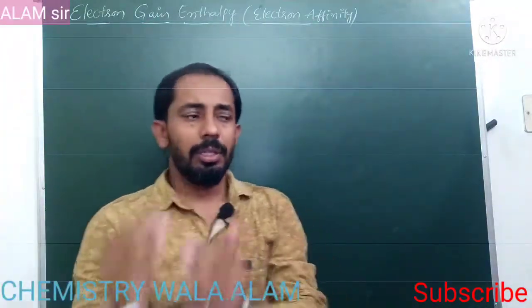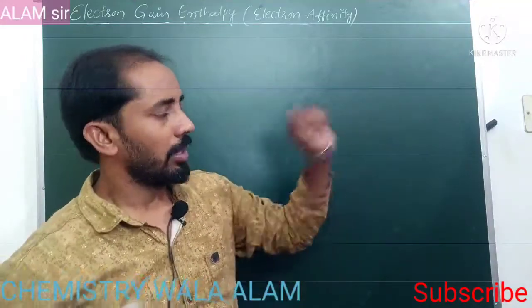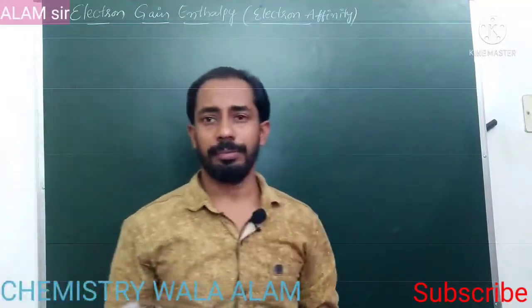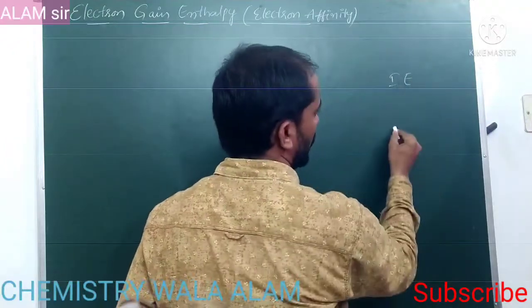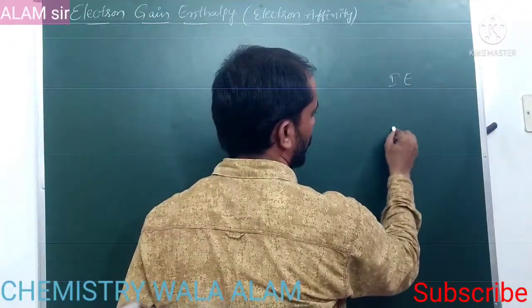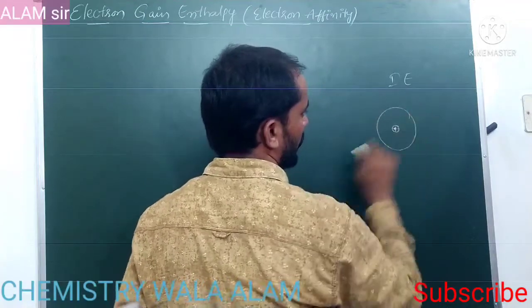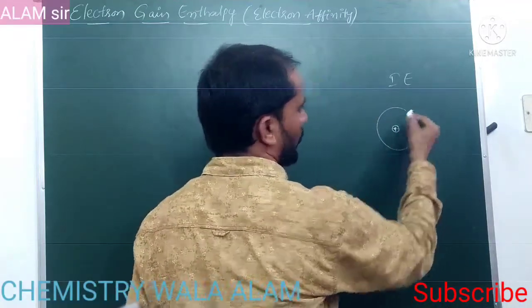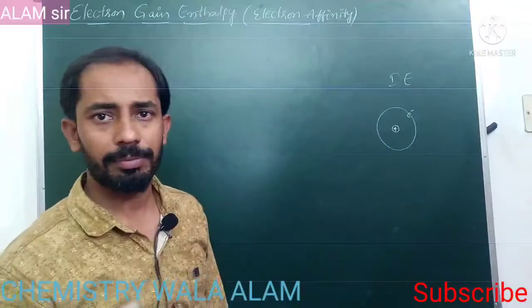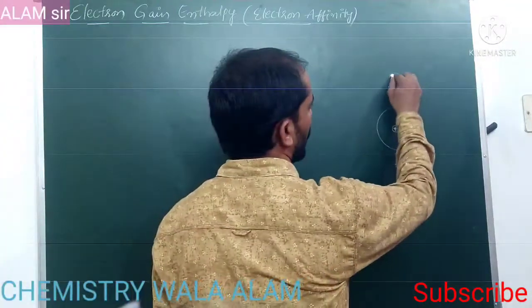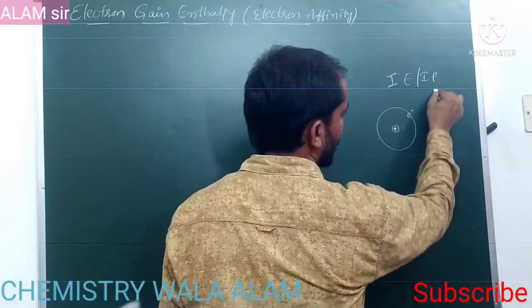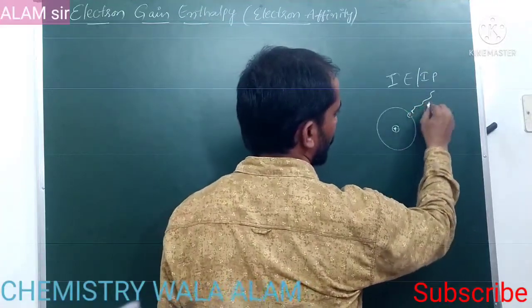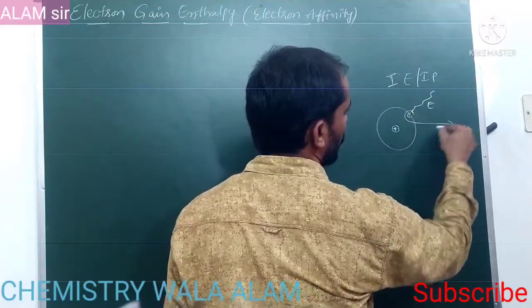If you observe ionization energy, suppose you consider an atom, where electrons are revolving around the nucleus. Ionization energy, or ionization potential, is the energy required to remove the electron.